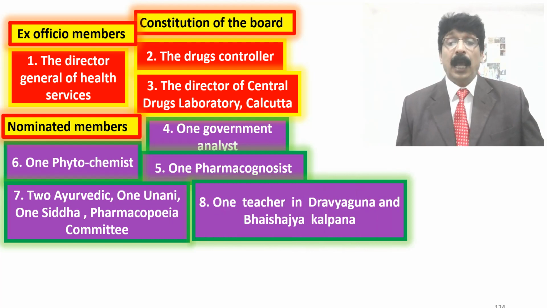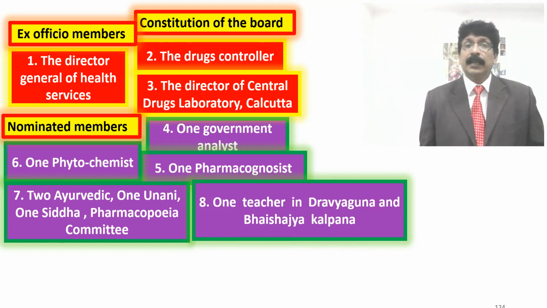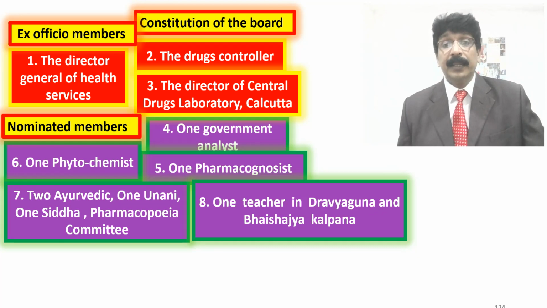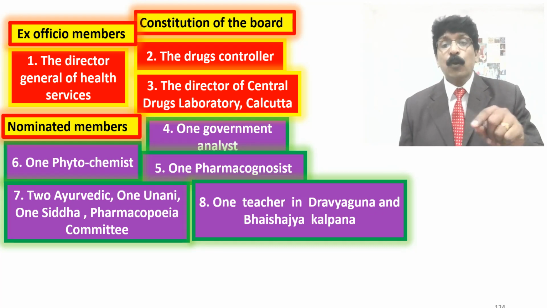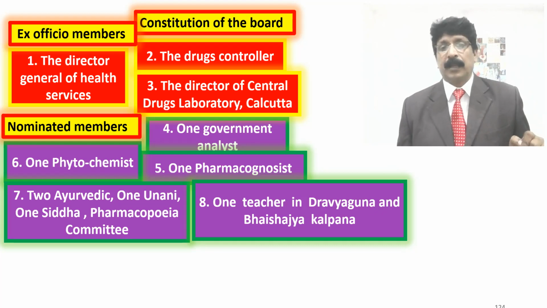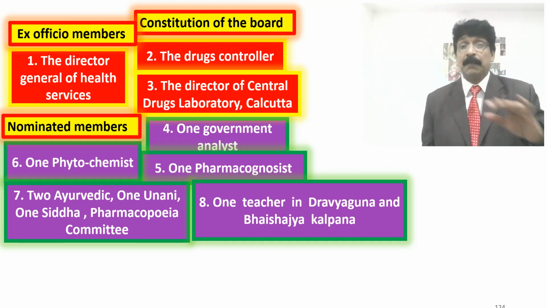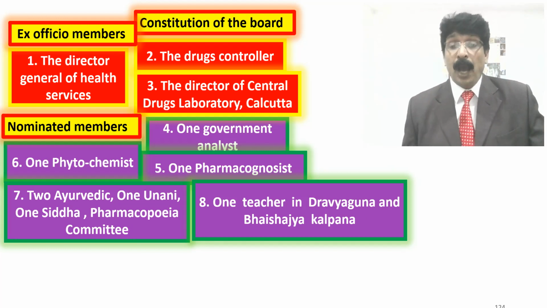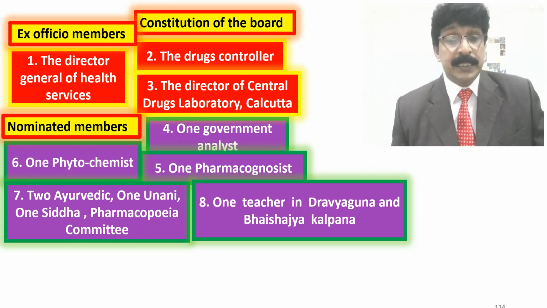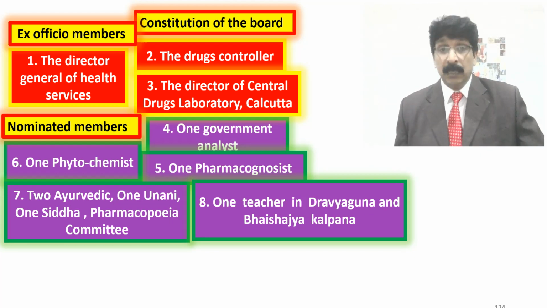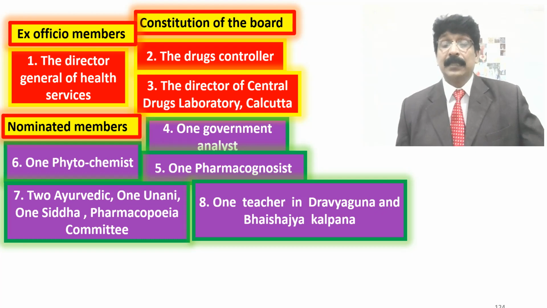And 2 teachers: one teacher in Dravya Guna and Bhaishajya Kalpana. This is a subject in Ayurveda which deals with pharmacology and pharmacognosy, that means the natural herbal drugs and their application and formulation.